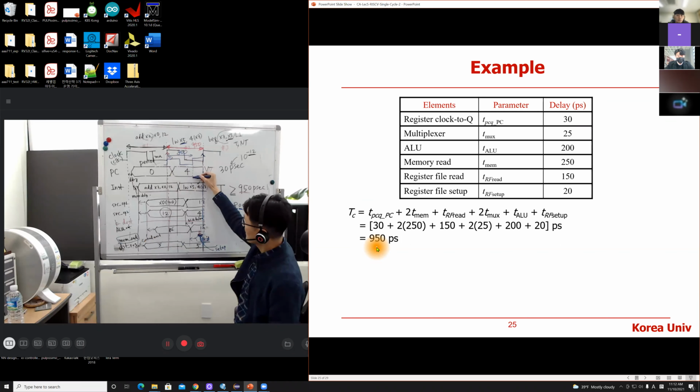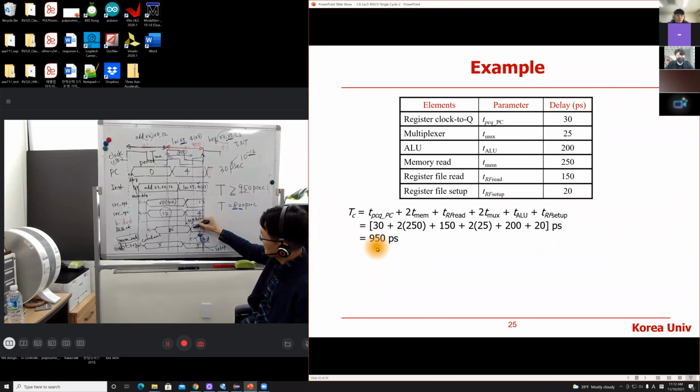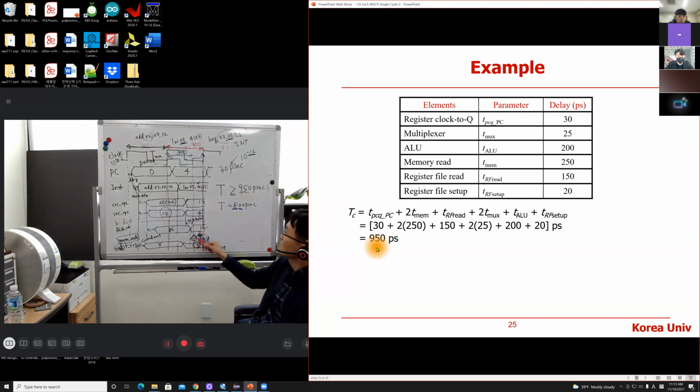At the rising edge of the clock, the register file is trying to update. What data? The data is not available. Look at this mem data. I removed it almost, but this mem data is not ready yet. So at the rising edge of the clock, this dotted line, you are trying to update some garbage data to that register file, to register location X5. So the data is not ready yet.